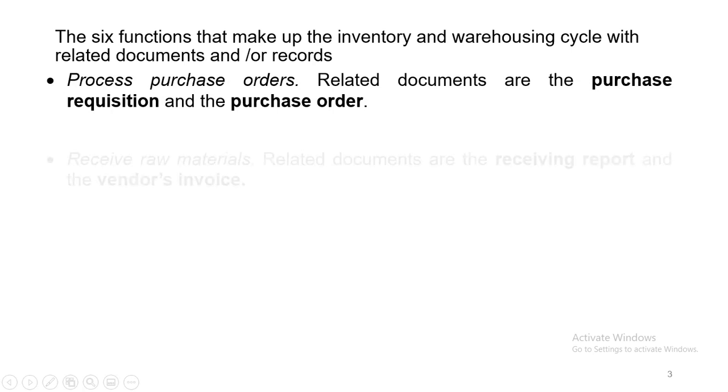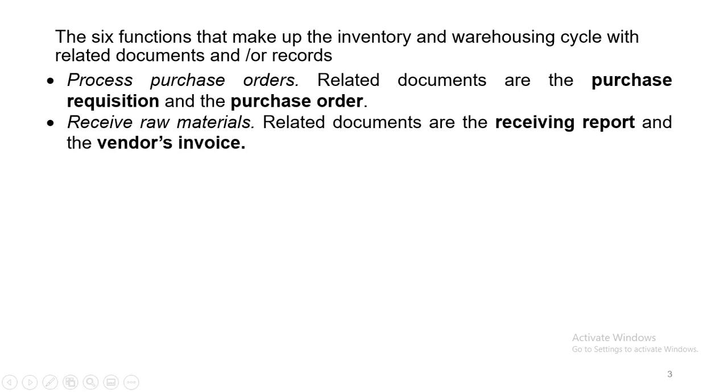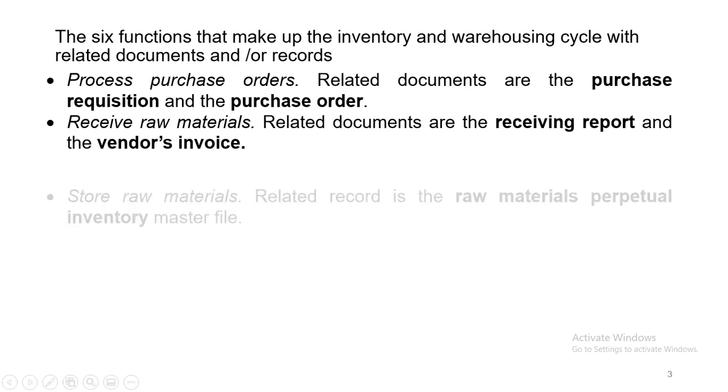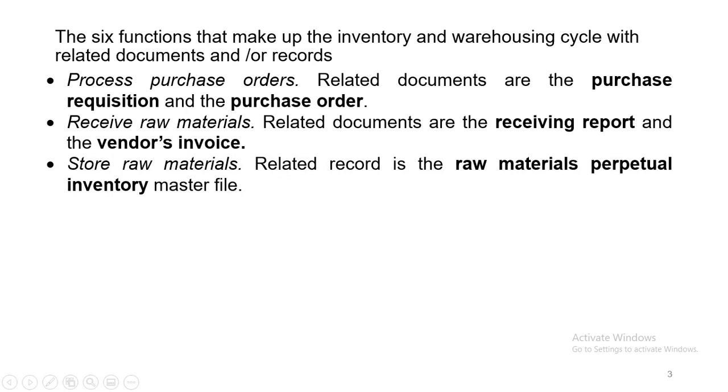And then later on, it will be received by the company or receive raw materials. Related documents are the receiving report and supported with vendor's invoice. Then store of raw materials. So raw materials purchase perpetual inventory master file.